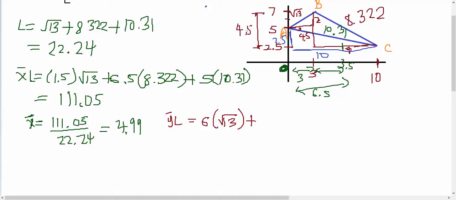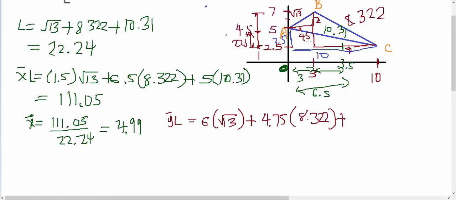Dividing that by 2, that gives us 2.25. So from here to here is 2.25, and we need to add the additional 2.5 below. So that gives us 4.75 multiplied by the length of the line.